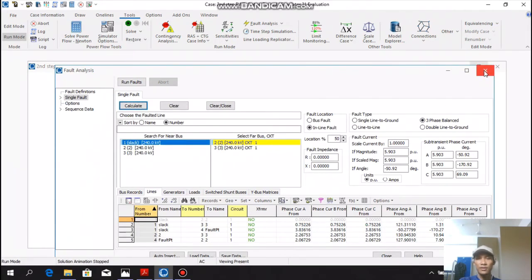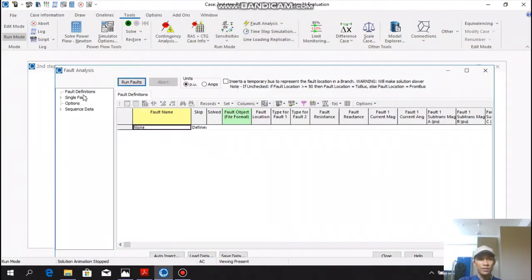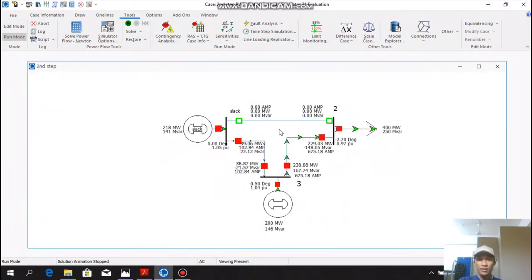So after the fault, we protected circuit will do its job, and then the circuit will be open when the fault happen. So then we run again. So as you can see, there is no current flow between line 1, line 2. Then the generator in slack bus, the power and Q are different and some of the value are different.